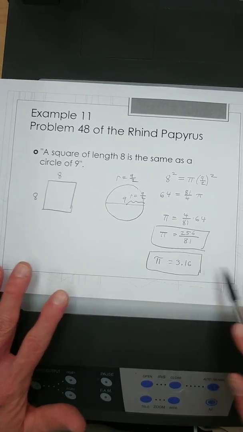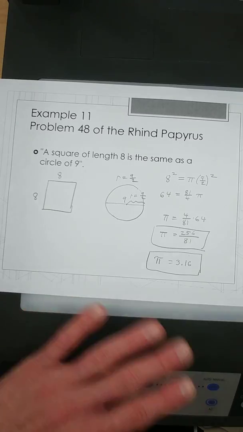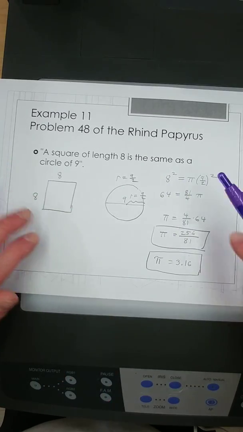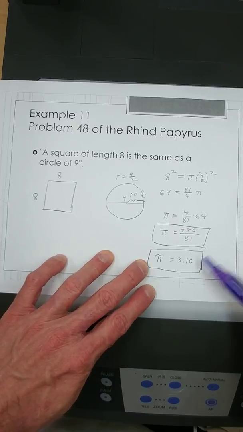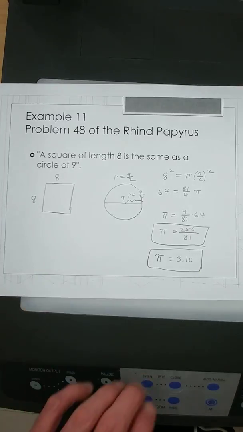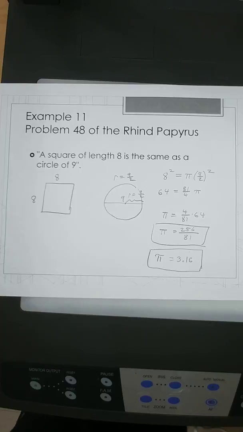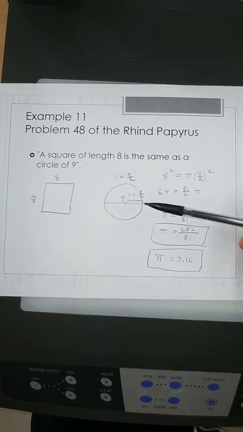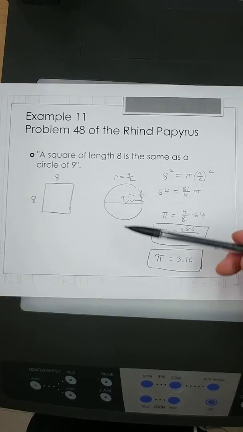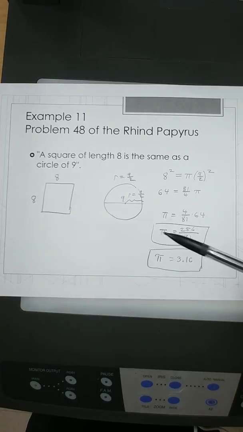It really, in a sense, isn't. This is just doing a neat little trick with this problem, which is kind of cool, to compare the areas and get an approximation for pi that's very close to the real value. But the Egyptians didn't really have the idea of a formula. They just estimated areas in their heads, if you can imagine.